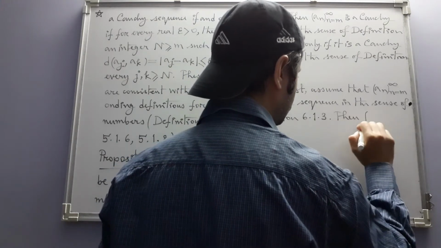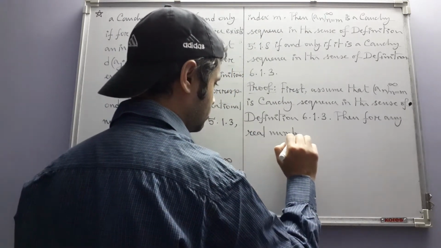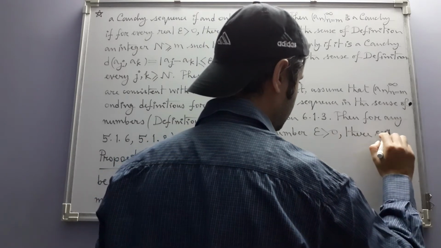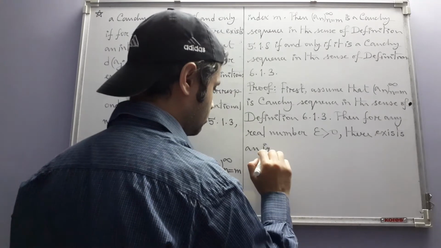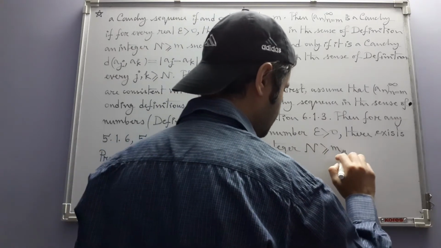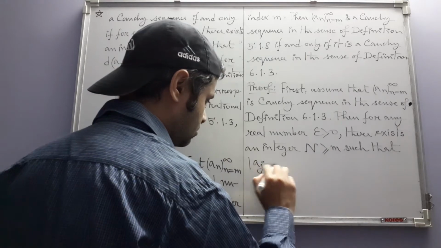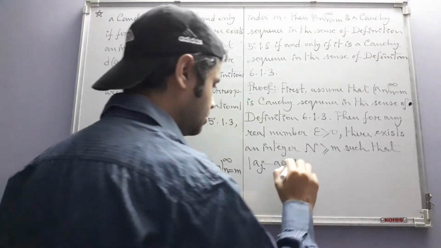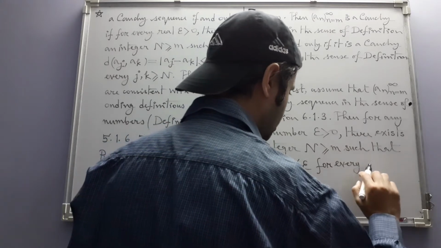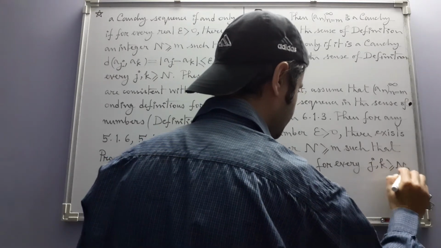Then for any real number epsilon greater than 0, there exists an integer n greater than or equal to m such that the distance between aj and ak is less than or equal to epsilon for every choice of these integers j and k. The only restriction is that they have to be at least n.